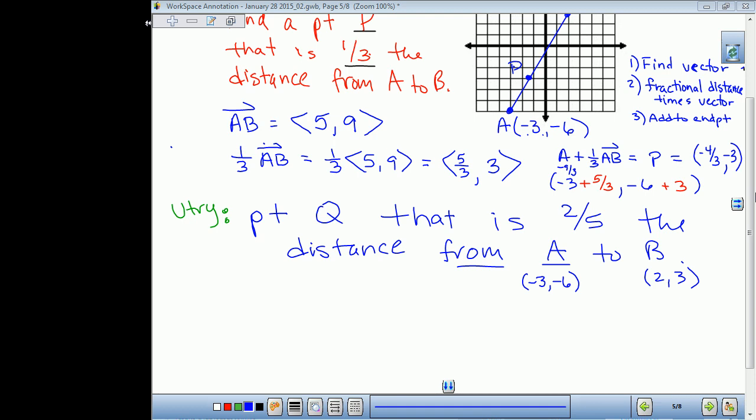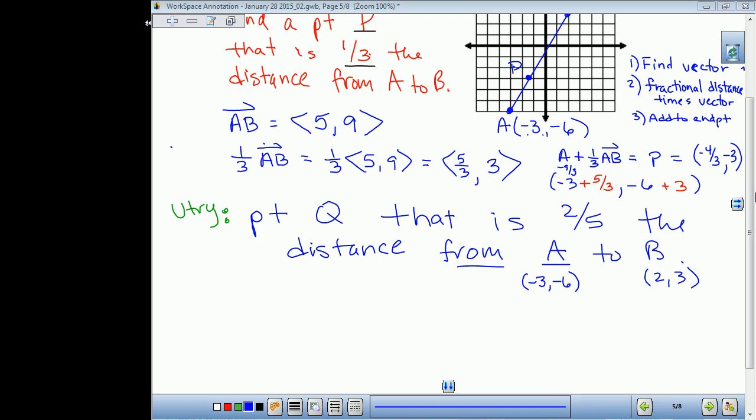Did you get 2, 18? I get 12. Wait, there's 6 plus 2 fifths times 9 times 3.